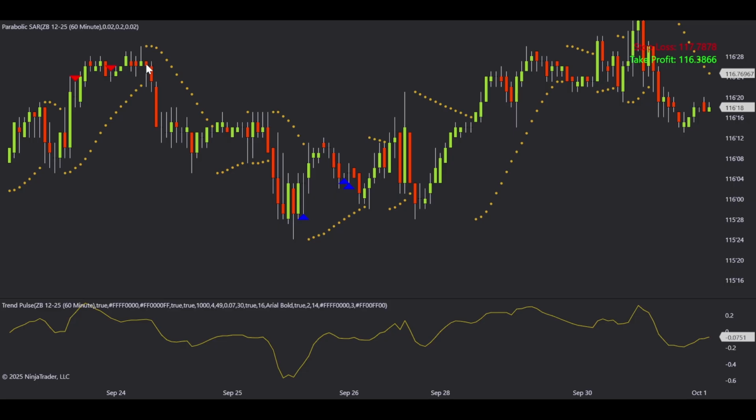Right here, as this candle closes, we would have had it starting, with the dots above price. And then right after, we see these two strong sell candles forming, some ranging, and then another strong move down. And so this is a very simple, very popular indicator that can pair great with the trend pulse indicator.